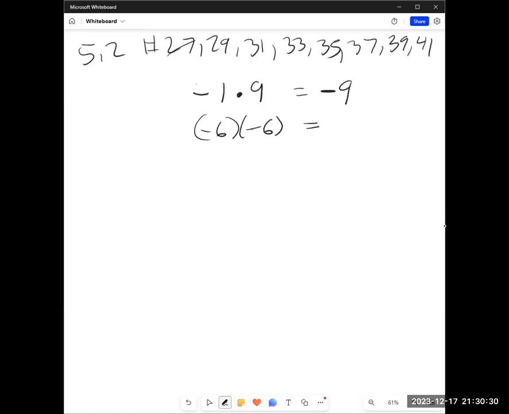Negative times a negative will be a positive. 6 times 6 is 36. -8 times -4 times a +7 is going to be 32 times 7, 14, 21 plus 1 is 22, so 224.